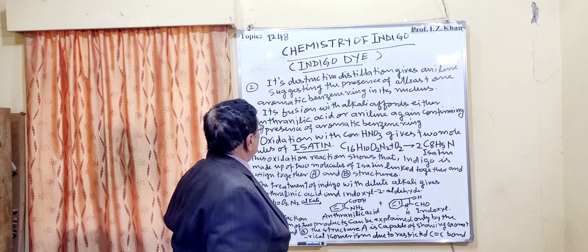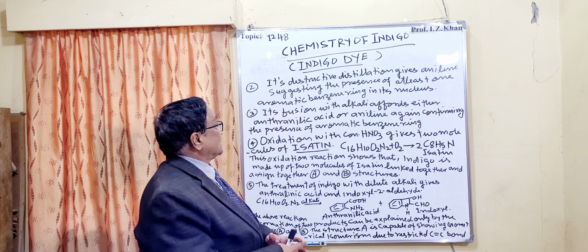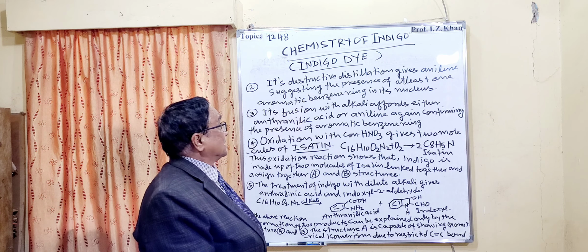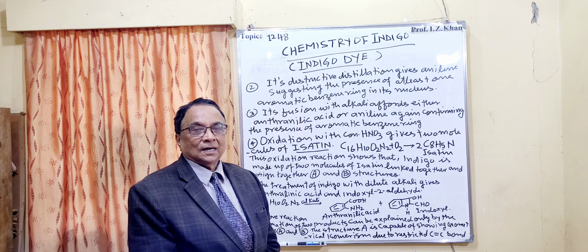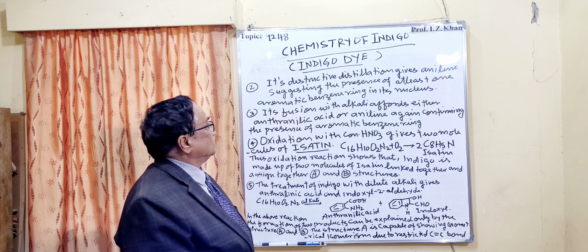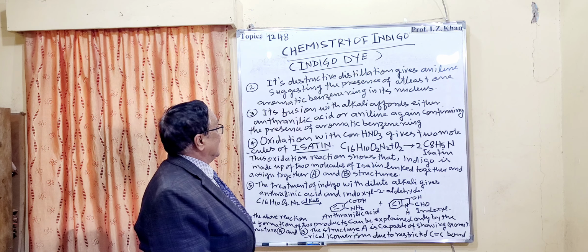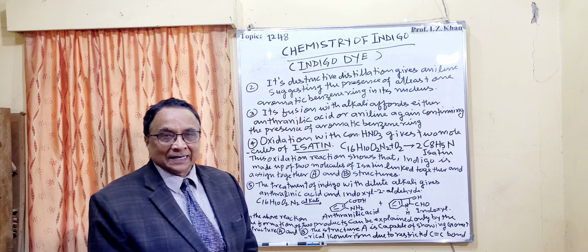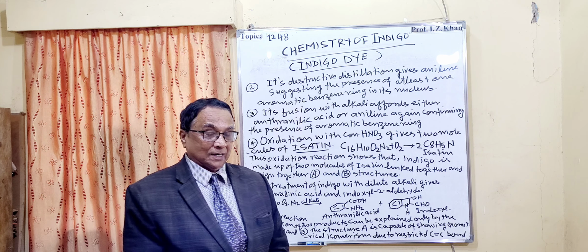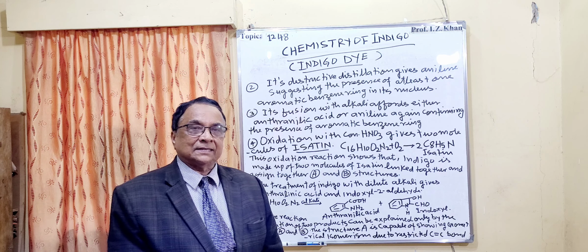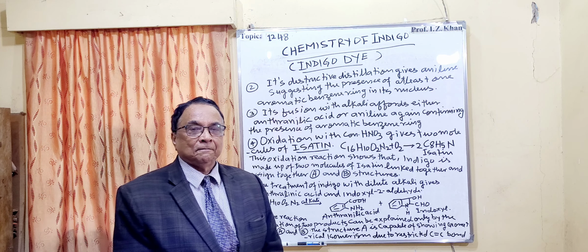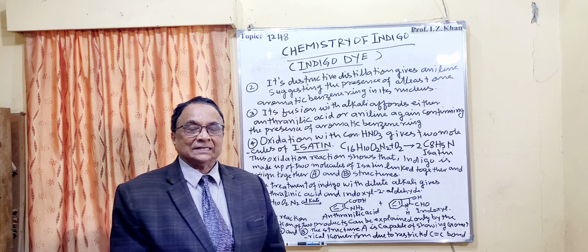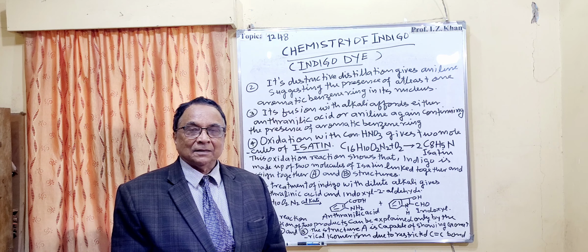So here number two, its destructive distillation: when indigo is subjected to destructive distillation, it gives aniline, and getting aniline as one of the final products clearly indicates that the indigo blue dye nucleus has an aromatic benzene ring.